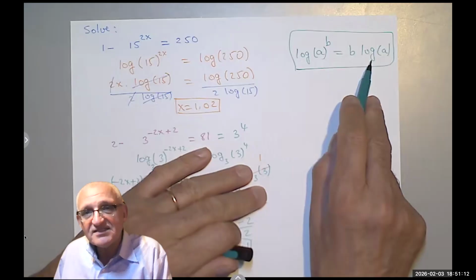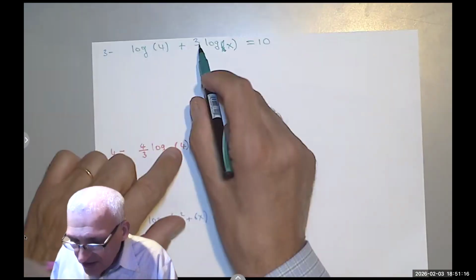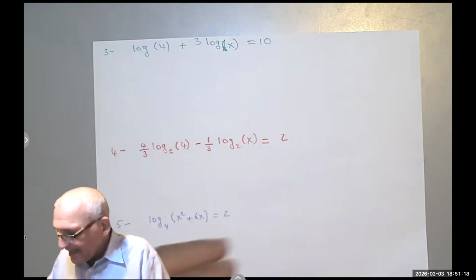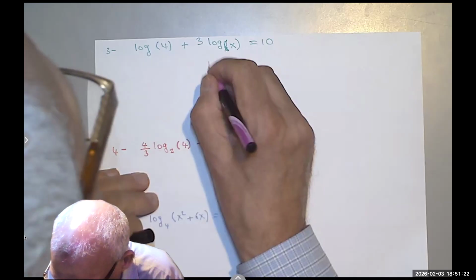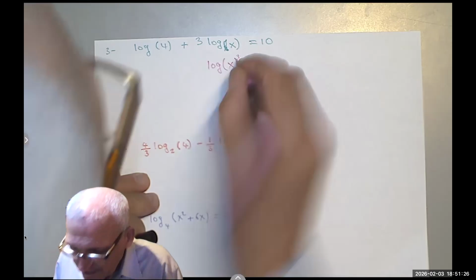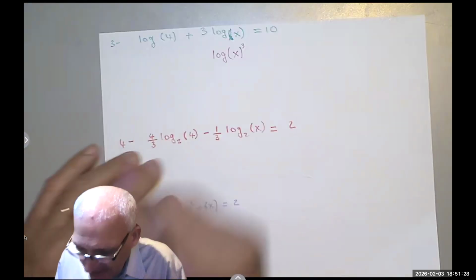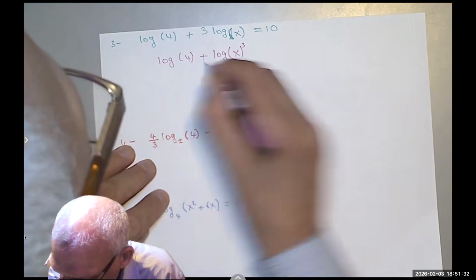I have the right-hand side. I want to make it left-hand side. I have 3 log x that I will have to write as log x to the third. And this is log 4, and this is 10.